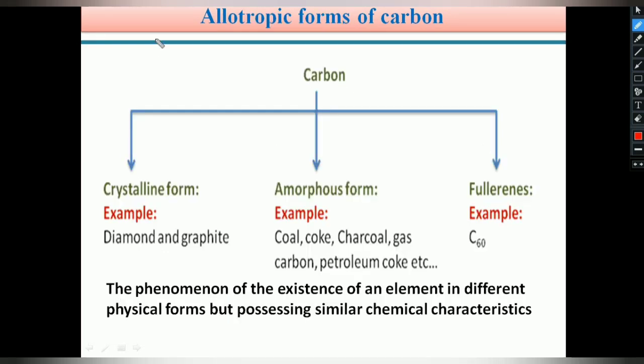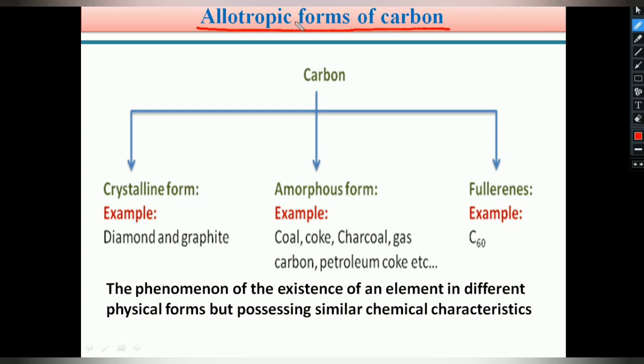Next concept is allotropic forms of carbon. Students, in the previous slide I explained carbon has a high catenation capacity. It can form four single covalent bonds, and it forms multiple covalent bonds with identical carbon atoms. So due to this reason carbon can exist in more than one form. These are known as allotropic forms of carbon.